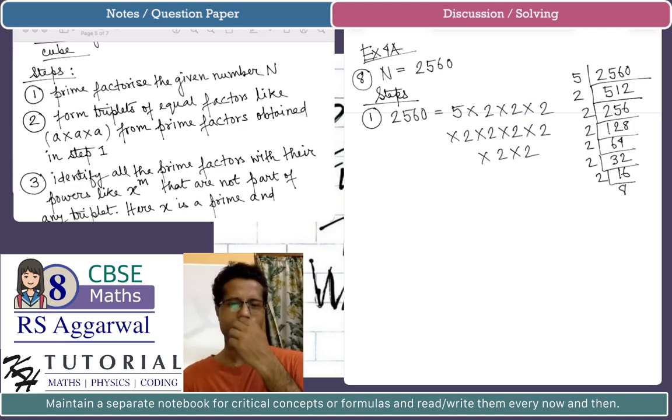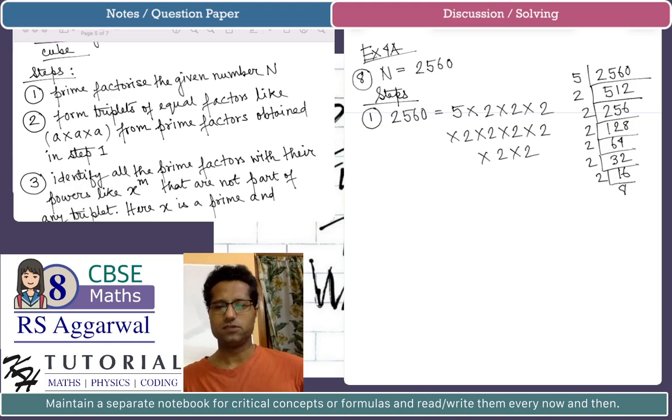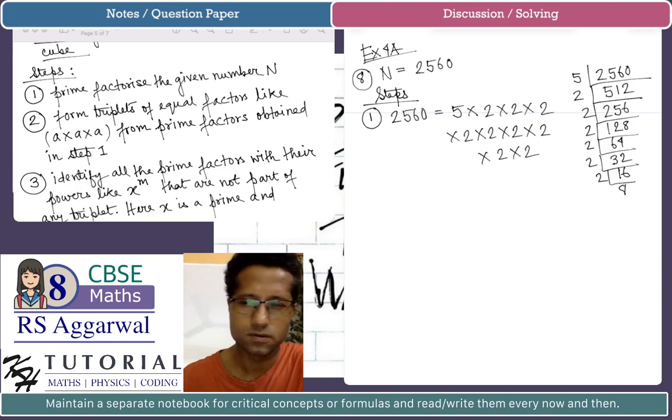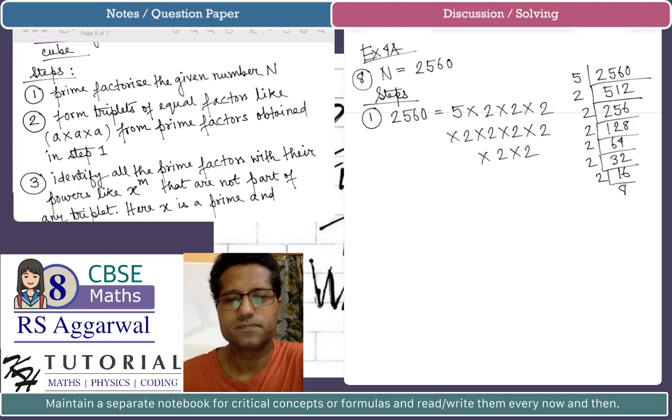So this is the prime factorization of 2560, where we are having 5 as the prime factor, and 9 2's.